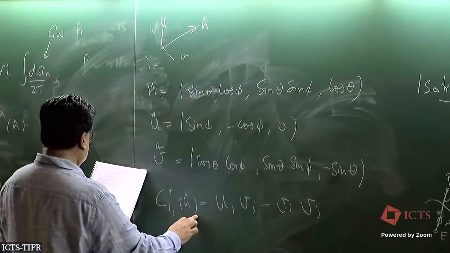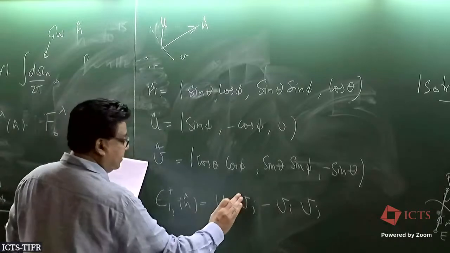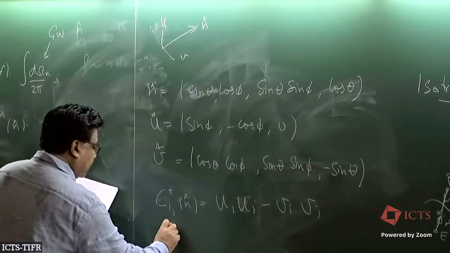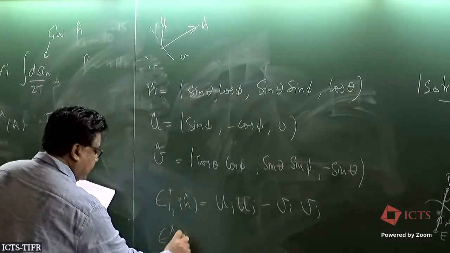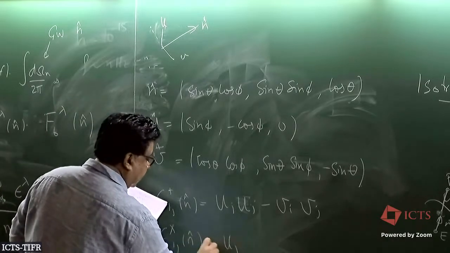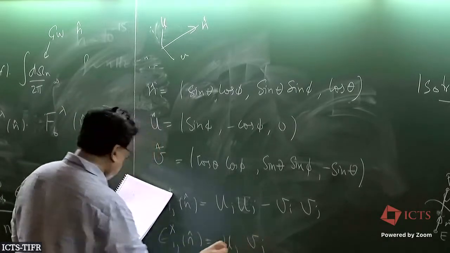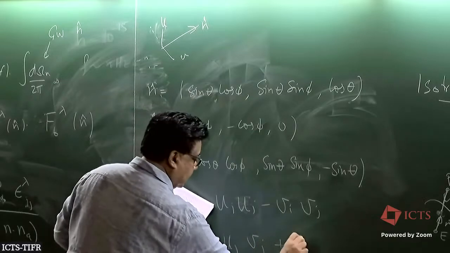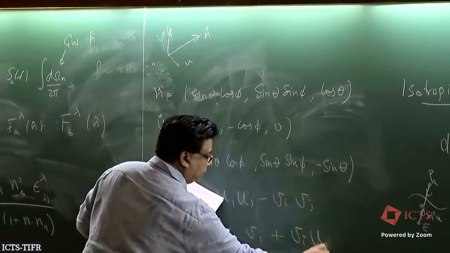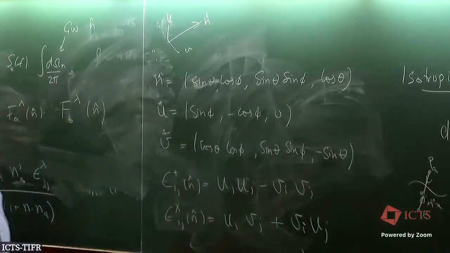So let me write U_i U_j. Should be careful, U_i U_j, U_i V_j plus V_i U_j. Okay, so that is it.